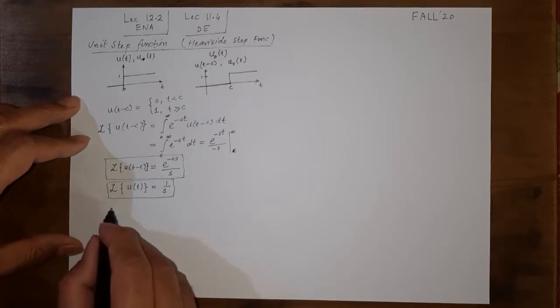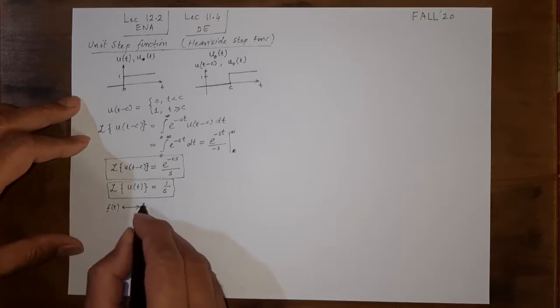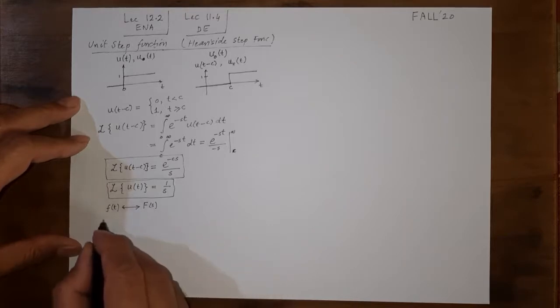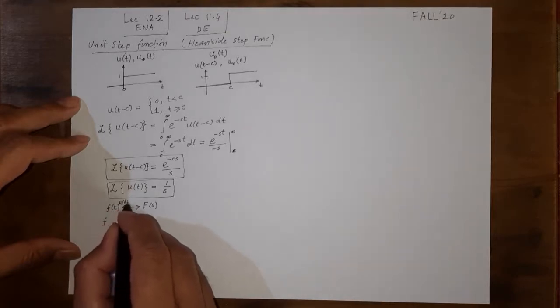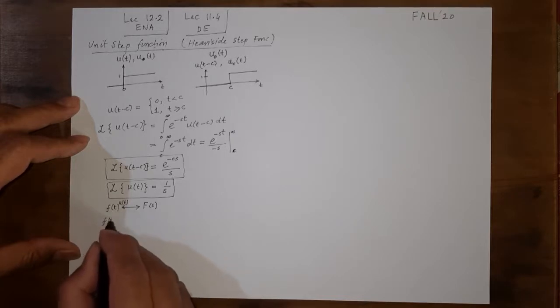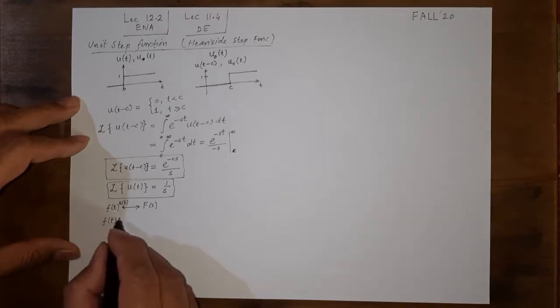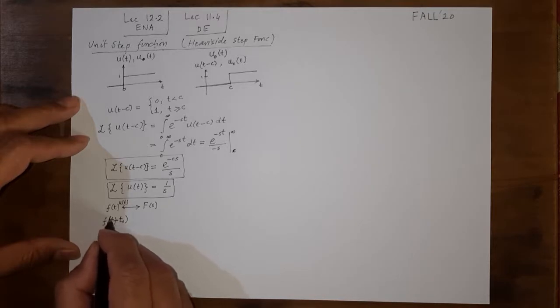You can find this for other functions as well, but let me write another functional transform for you. Suppose f(t) has a Laplace transform F(s). If you remember, f(t) is always multiplied by u(t), which is understood because the function starts at t equal to 0. So it's very important. Now if this function is shifted in time, it becomes f(t minus t naught), not f(t).